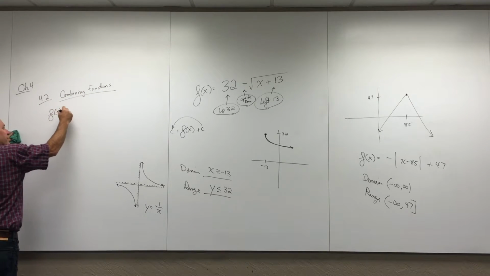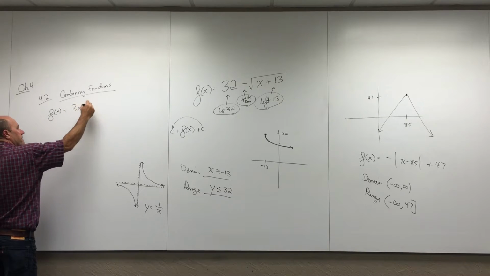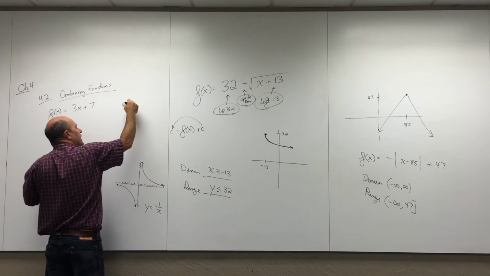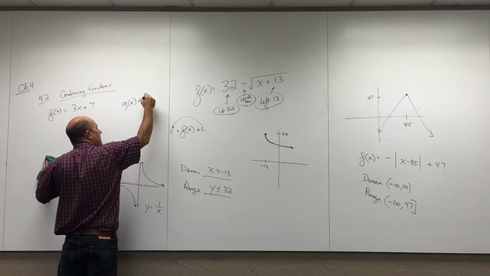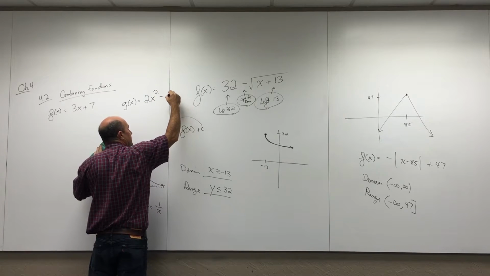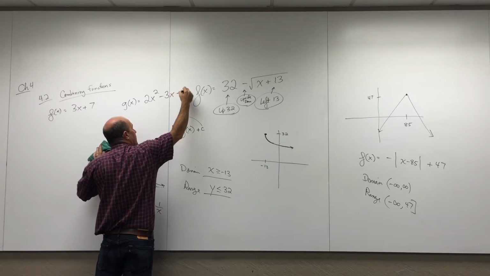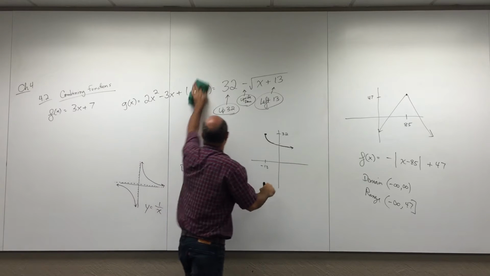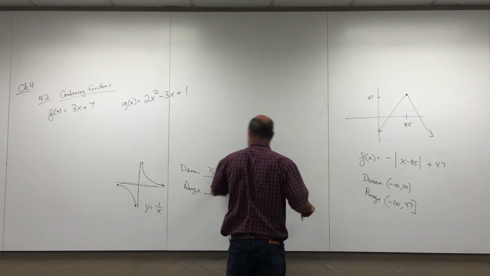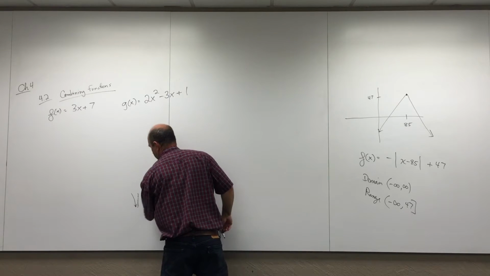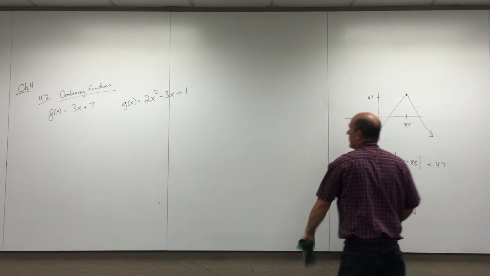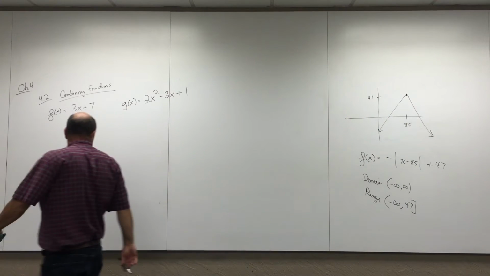Here's a function, and here's another function called g: 2x squared minus 3x plus 1. So I've got these two functions.